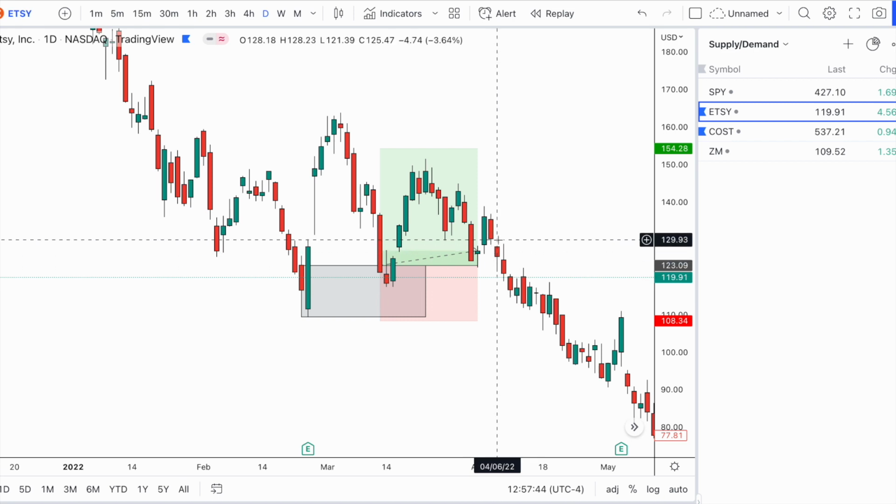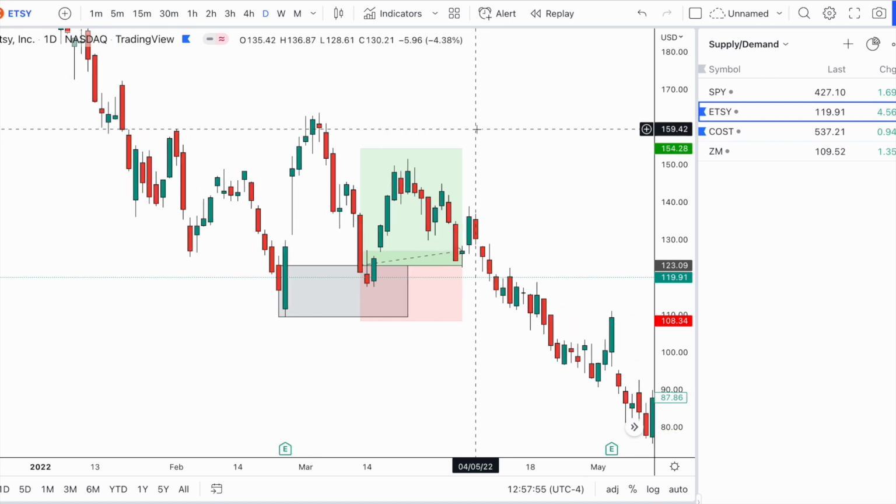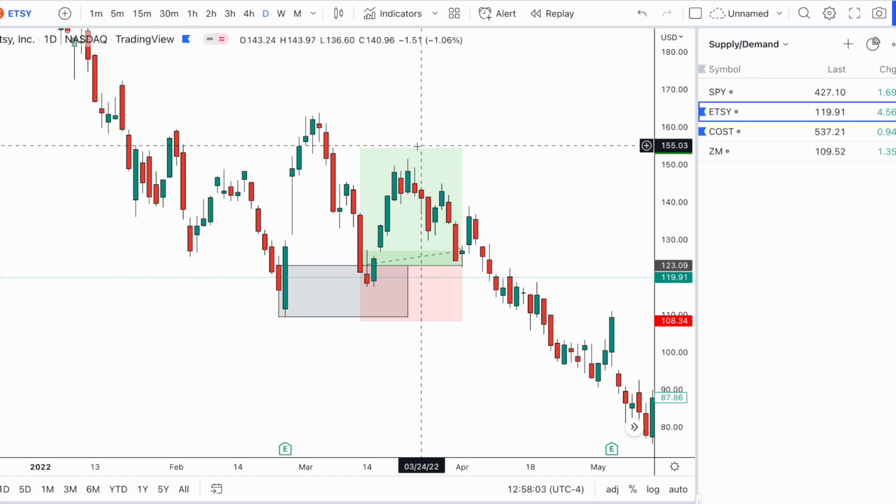In terms of your target, that can be determined on a number of different things. It can be based off your strategy. It could be based off candles. It could be based off whatever you want, right? There's no real correct answer of where your target should be. So a very common thing that you can do is target the next supply zone.